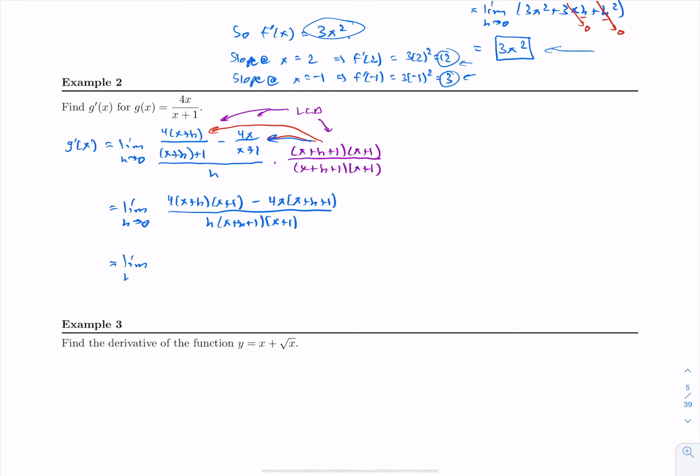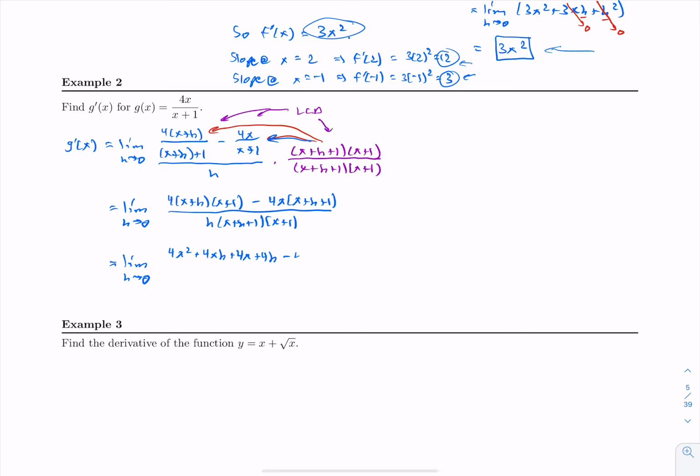So we'll have the limit as h approaches 0. If I multiply everything out on top, I get 4x squared. So we're going to FOIL these two terms out and the first two terms and then multiply through by 4. And that'll give us 4x squared plus 4xh plus 4x plus 4h minus, and then we also have to distribute the negative 4x to the second term.